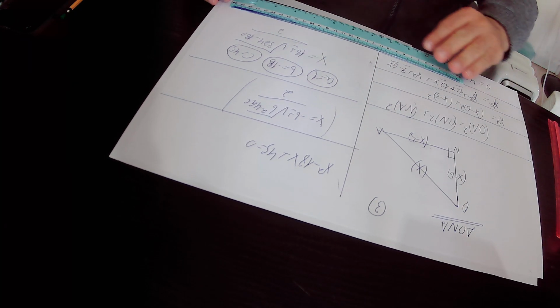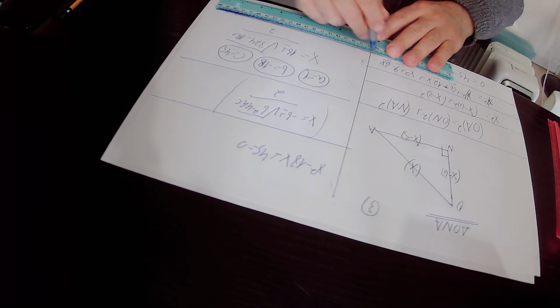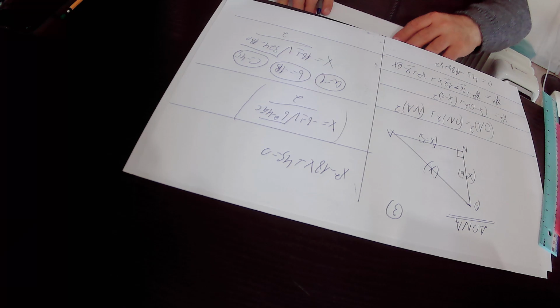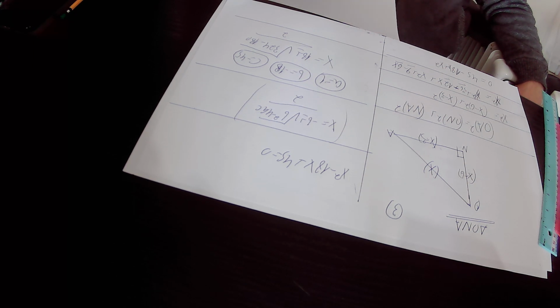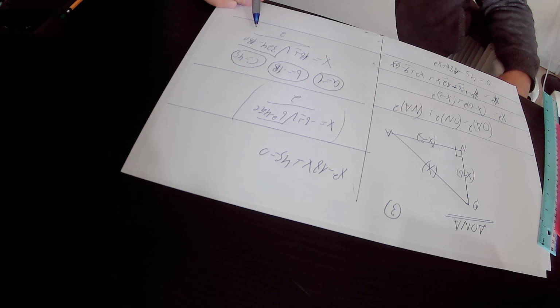So x equals 18 plus or minus the square root of 324 minus 180, which is 144. So inside the root we have only 144, divided by 2.